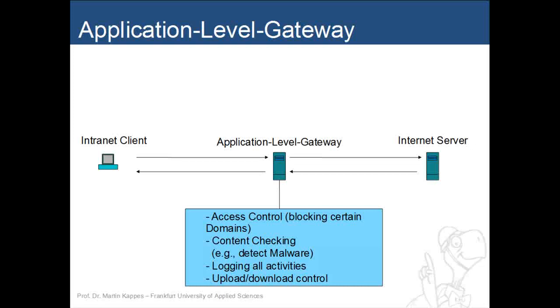It makes more sense to not look at the individual packets, but to instead get the information and interpret it on the application level and then filter based on this information. And the types of devices that do this are the so-called application level gateways. Application level gateways do come under many names.